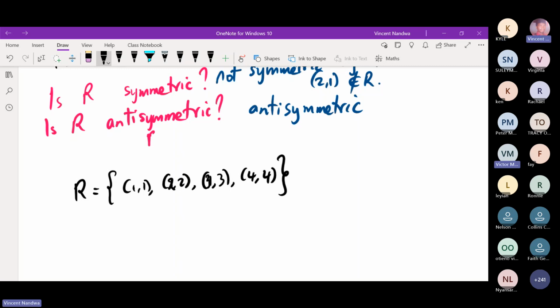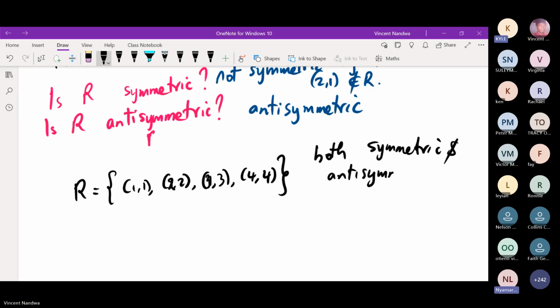Do you agree that this relation is symmetric? Yes, and it's also antisymmetric. Do you think that R is also antisymmetric? Yes. So this one is both symmetric and antisymmetric. Thank you for the example. Okay, fine, good.